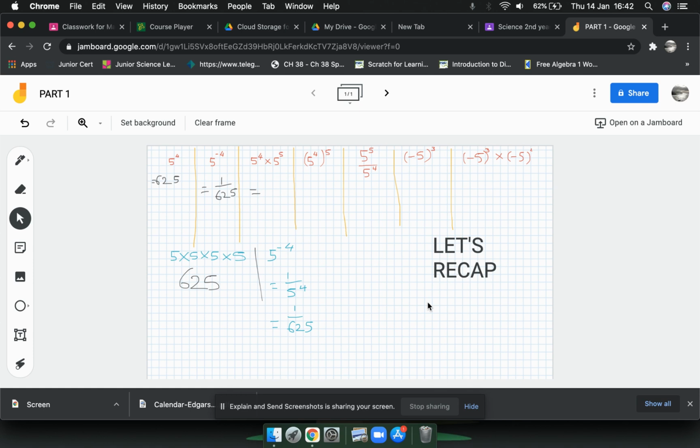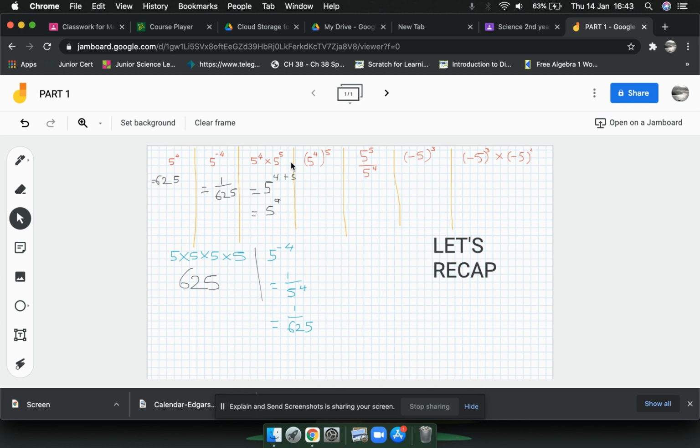What I know is that this is going to be 5 to the power of 4 plus 5. The reason is that the rule is, if you have the same base number, in this case 5 and 5, you can add the indices together. So you get a value here of 5 to the power of 9, and that is my answer for that question.